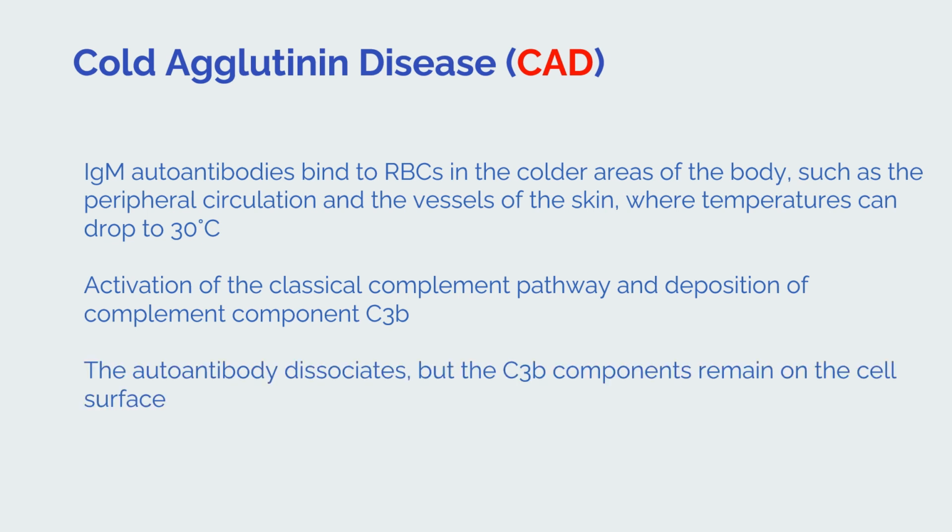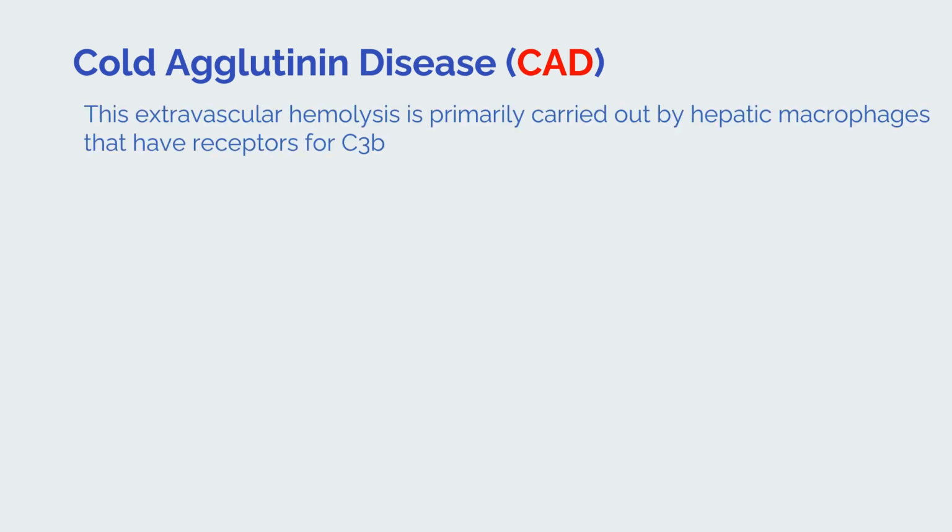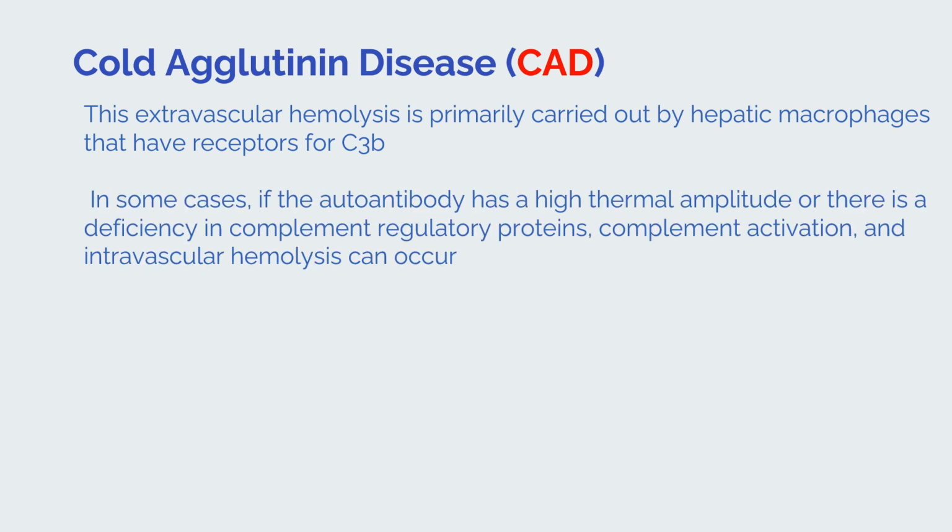The RBCs then return to the central circulation, where the autoantibody dissociates, but the C3b components remain on the cell surface. This extravascular hemolysis is primarily carried out by hepatic macrophages that have receptors for C3b. In some cases, if the autoantibody has a high thermal amplitude or there is a deficiency in complement regulatory proteins, complement activation and intravascular hemolysis can occur.